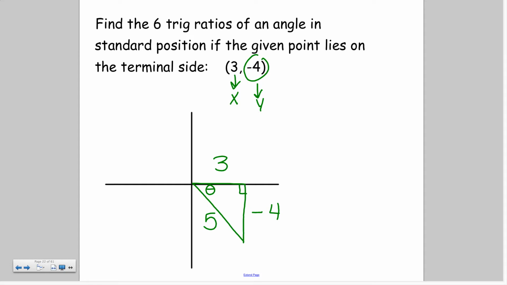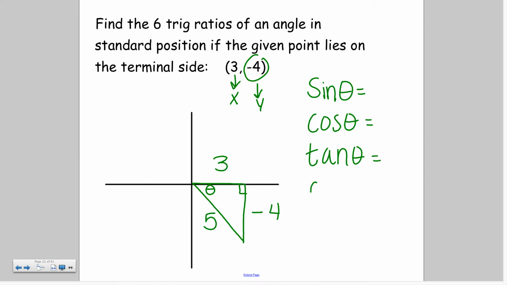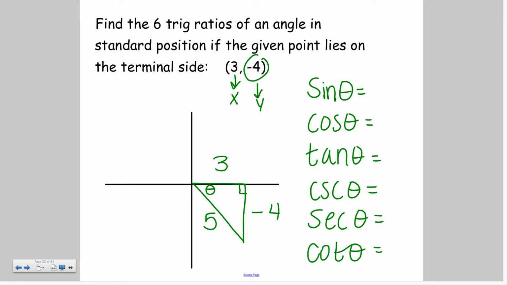So now I've got sine, cosine, tangent. We've got our opposite here, adjacent here, and our hypotenuse here.